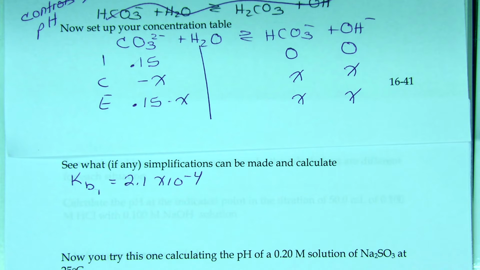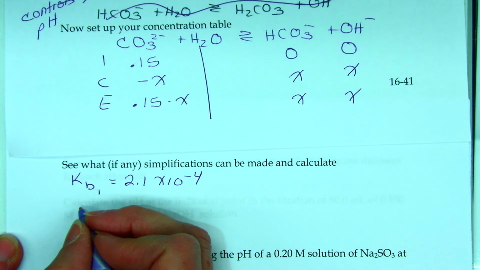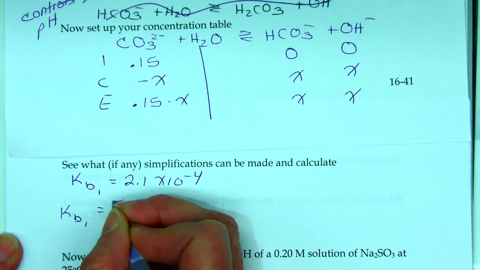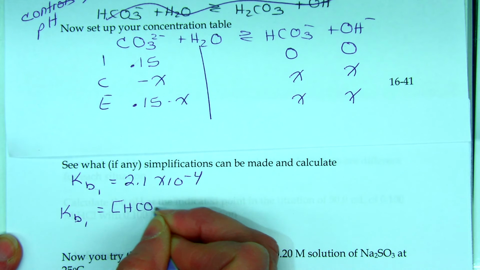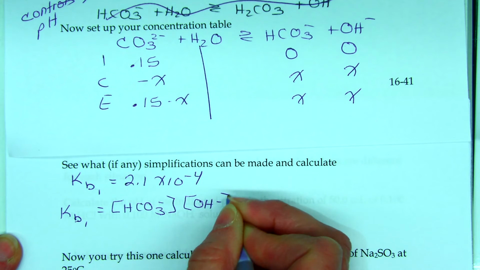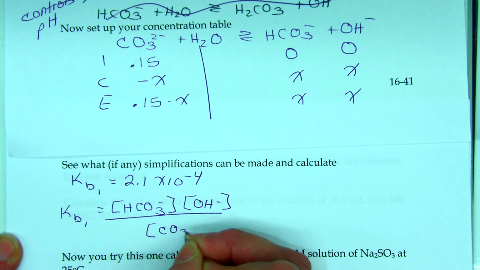We could do a quadratic, but we're not going to right now. So we know then that Kb1 is equal to HCO3 minus times hydroxide divided by the carbonate concentration.